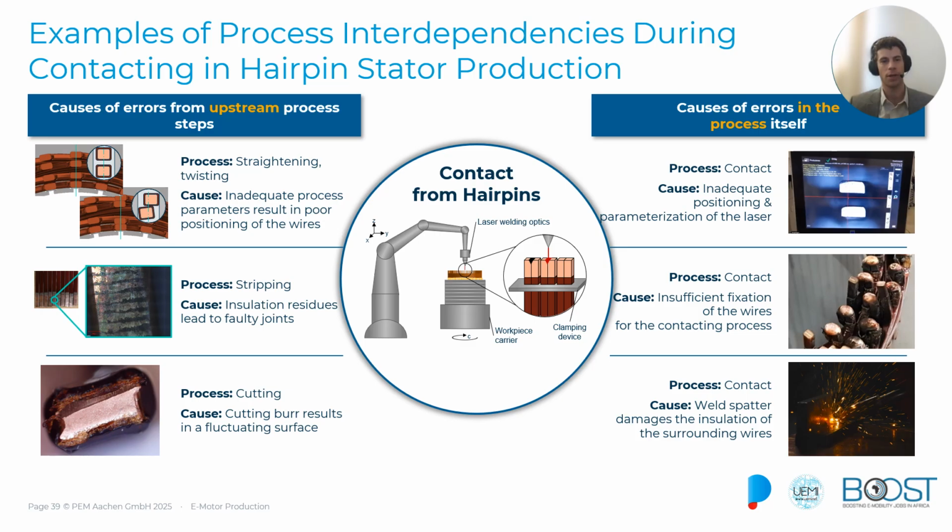Second, we see that insufficient stripping of the insulation layer can influence the welding results. And third, we see that bad cutting results in weld splatter that can damage the insulation of other hairpins in the same stator.